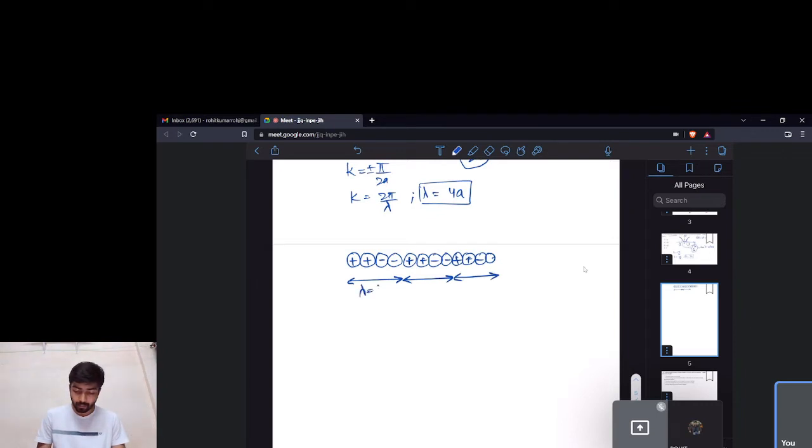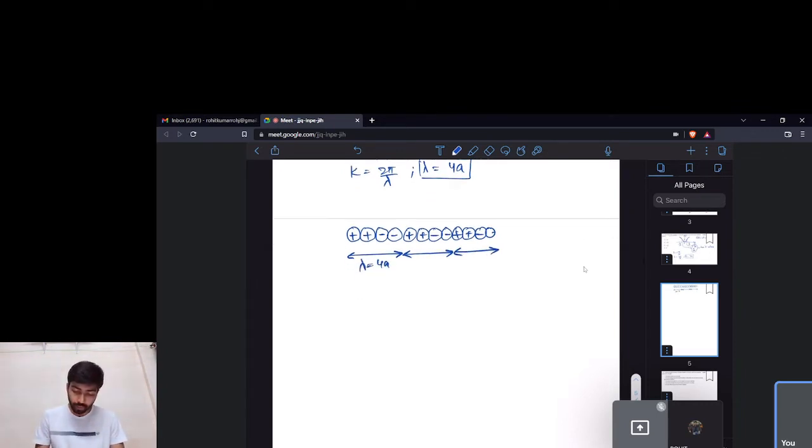This is one scenario, and this same scenario can also be thought of if I shift it here. In this case also lambda is equal to 4a, and till this point again lambda is equal to 4a.